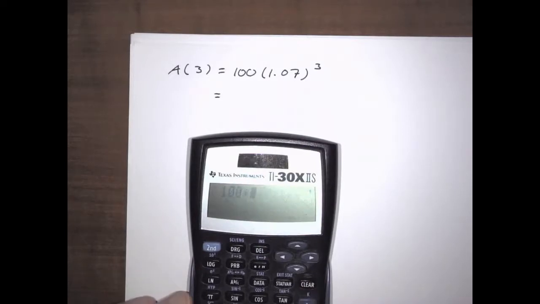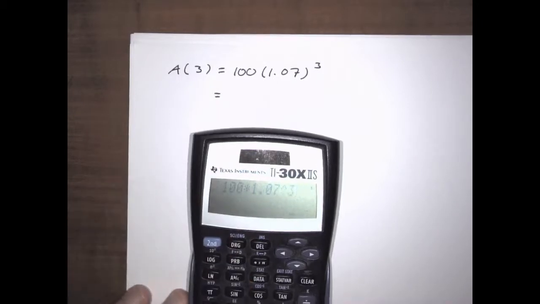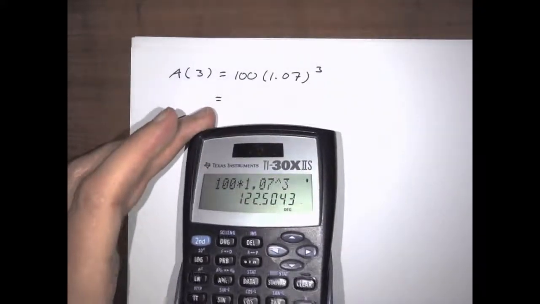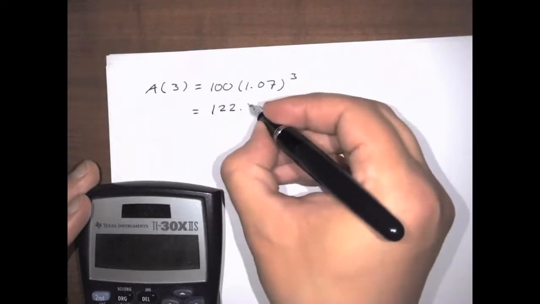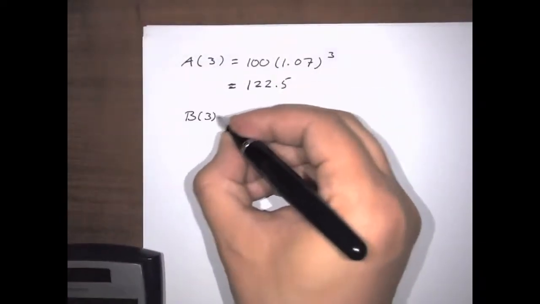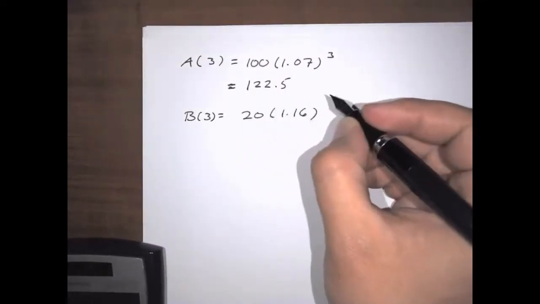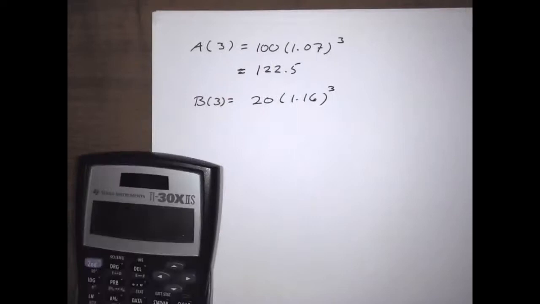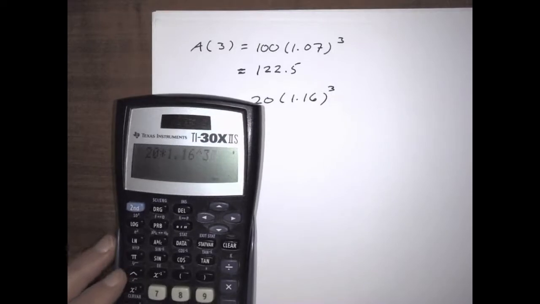And you would just put in, you don't need those parentheses, they're not actually accomplishing anything. And you put in all the pieces and you get an answer of 122.5, we'll just round it there, versus B of 3, which equals 20 times 1.16 to the third, which we can evaluate the same way.